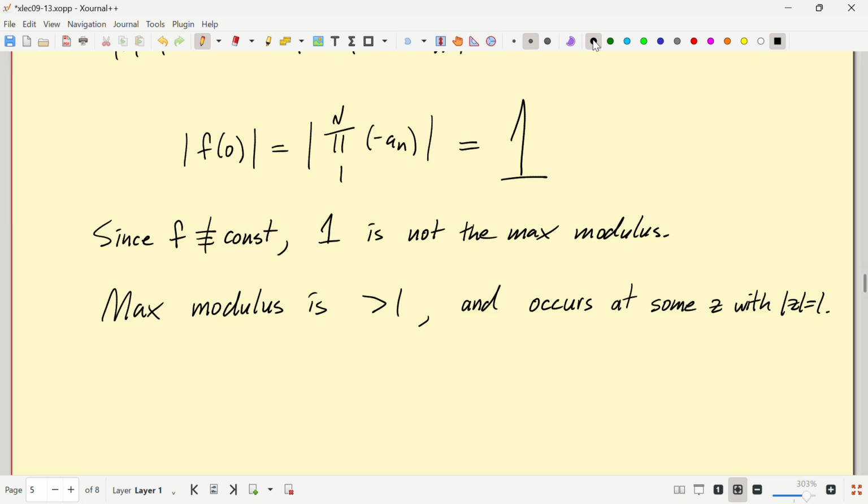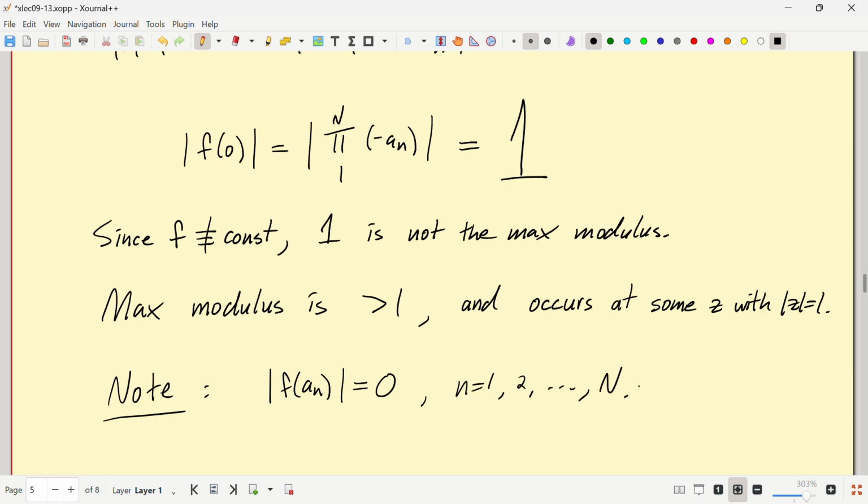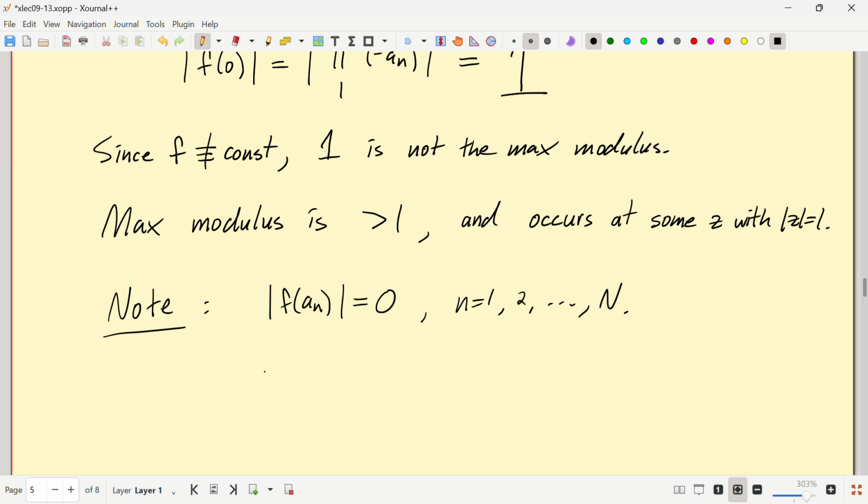Okay, so that's the next breakthrough. Note the modulus of f of a_n is equal to 0, because one of the terms is 0. Let's say that w_0 is in the unit circle, with modulus of f of w_0 equal to m the max.